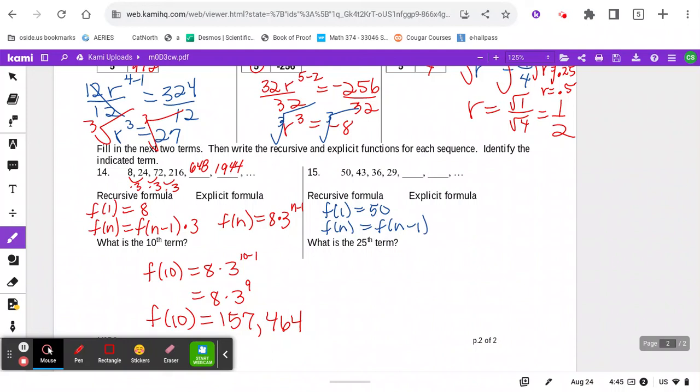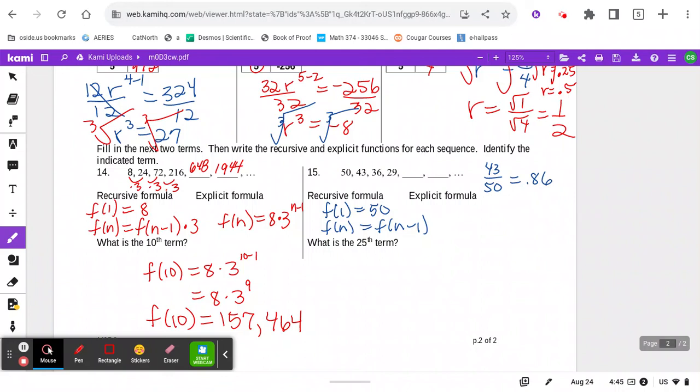All right, this one, from a 50 to a 43, from a 43 to a 36, from a 36 down to a 29. We know that we're working on geometrics, so this is going to be a fraction multiplier. So if I grab my calculator and do 43 divided by 50, I get a decimal of 0.86.